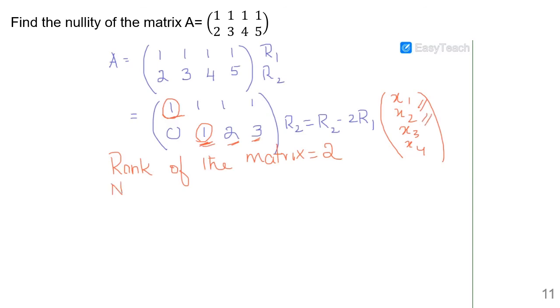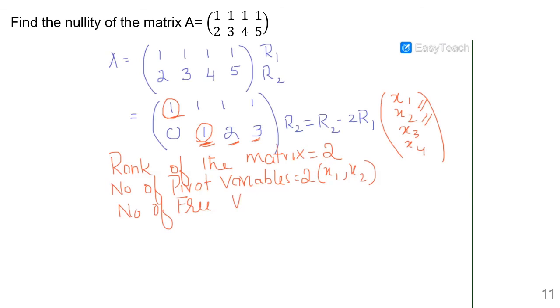So, number of pivot variables is equal to 2, x1, x2. Number of free variables, the remaining variables, is 2, that is x3, x4.